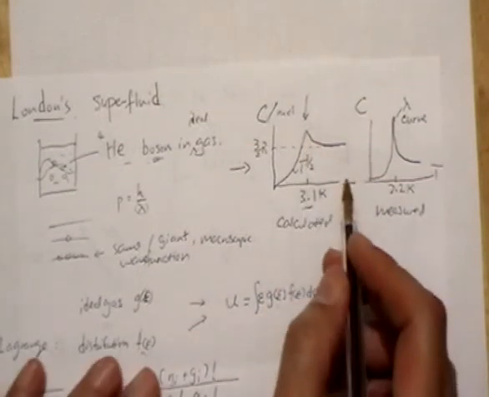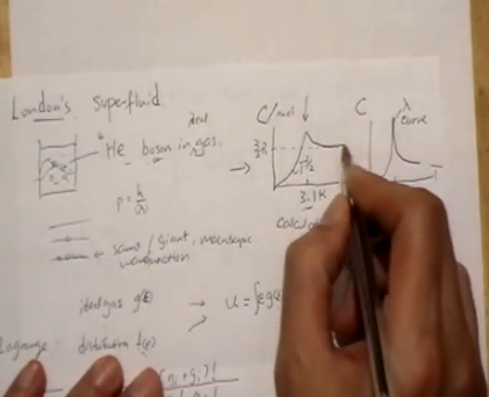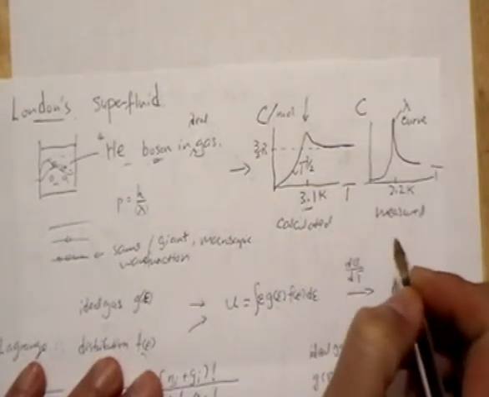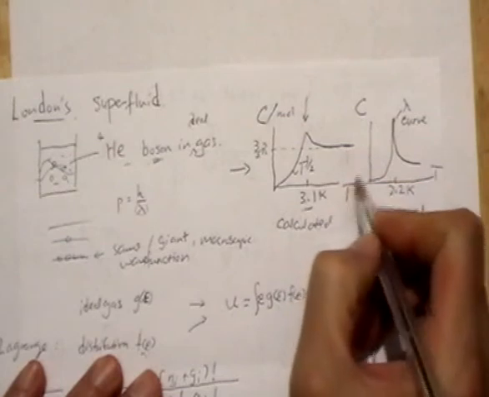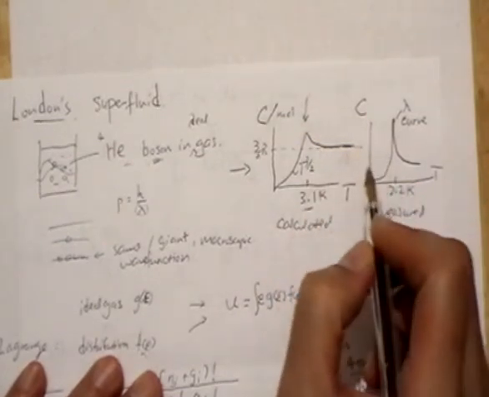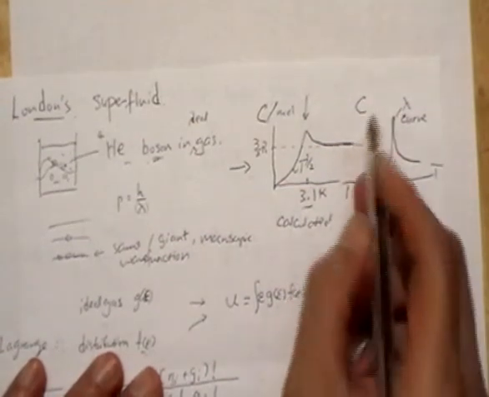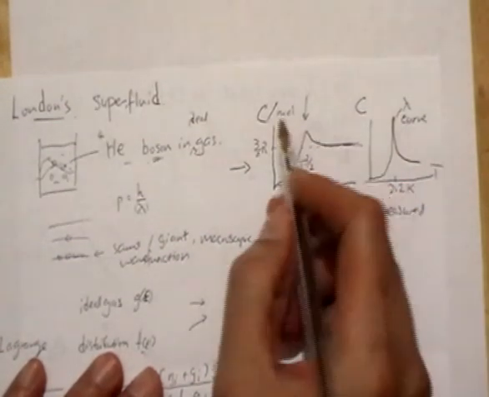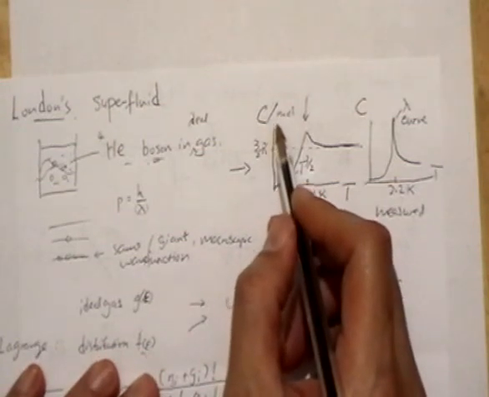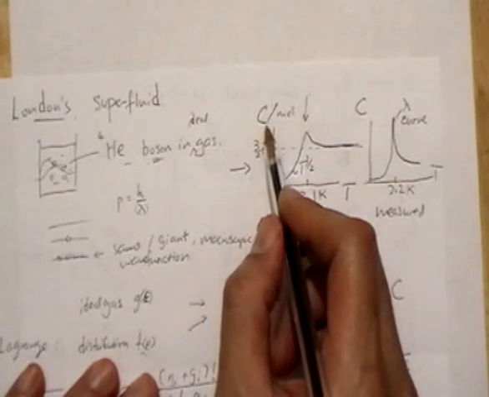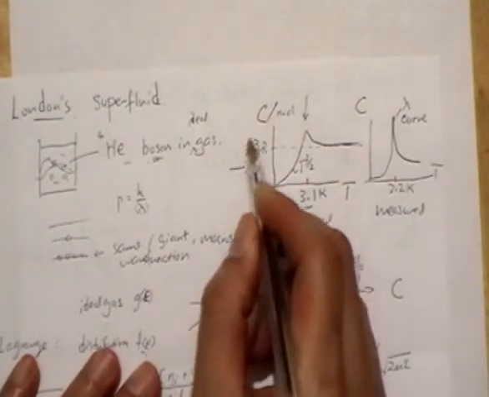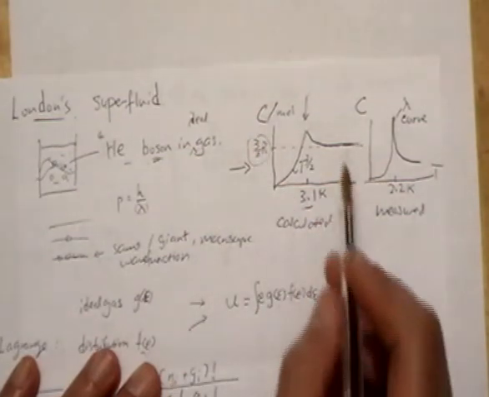Now, but what we can understand is this limit at high temperature. At high temperature, this curve approaches a straight line. And if you're thinking of 1 mole of liquid helium, then the heat capacity goes to 3/2 R at high temperature.